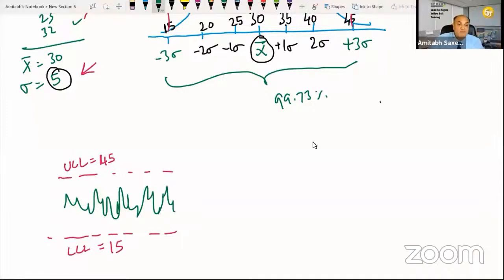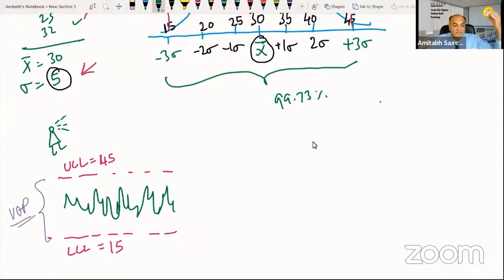This is also known as voice of process, VOP. If my process had a voice, it would shout, hey, Mr. Amitabh is going to take between 15 minutes to 45 minutes. Please expect him to take 15 to 45. This is the way he functions.